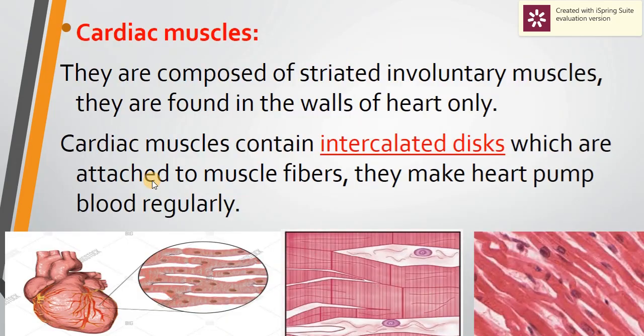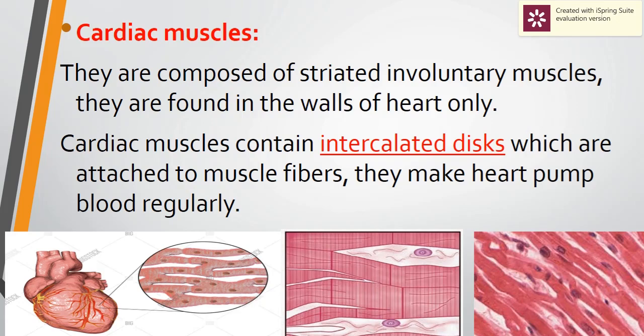The last type of muscle is cardiac muscle, and this muscle is present only in the wall of the heart. Only the wall of the heart is formed of cardiac muscle, and cardiac muscle is striated and involuntary because it's working all the time. We couldn't stop our heart, or make it pump more.